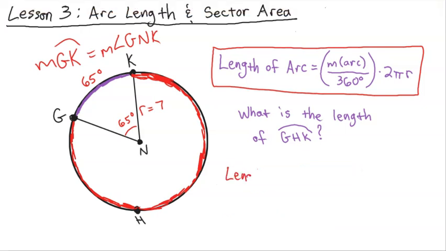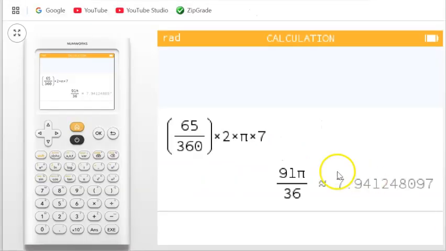And so the length of this major arc here is going to be 295 degrees divided by 360 degrees times 2 times pi times the radius, which is still 7. And we're going to go to our calculator to do that.